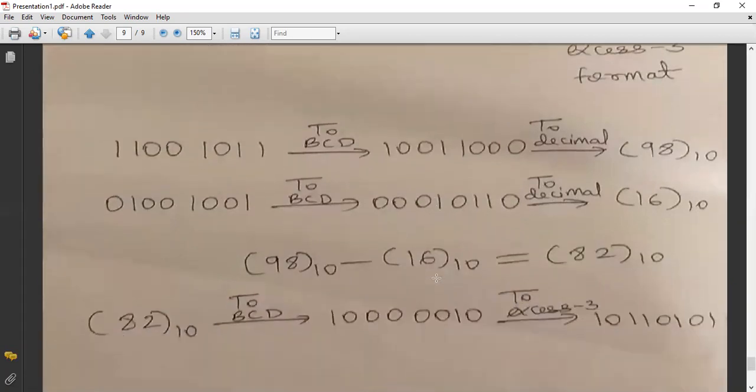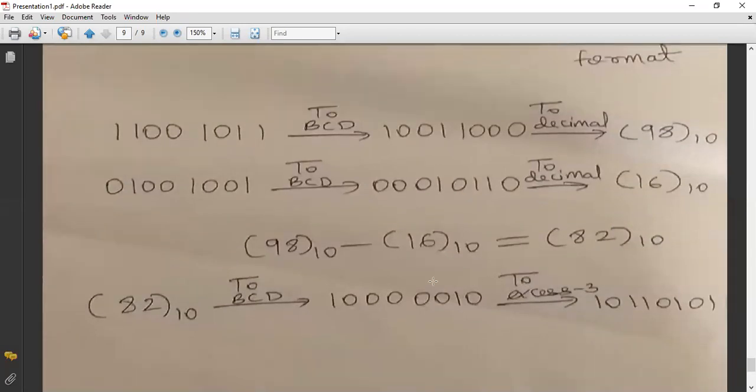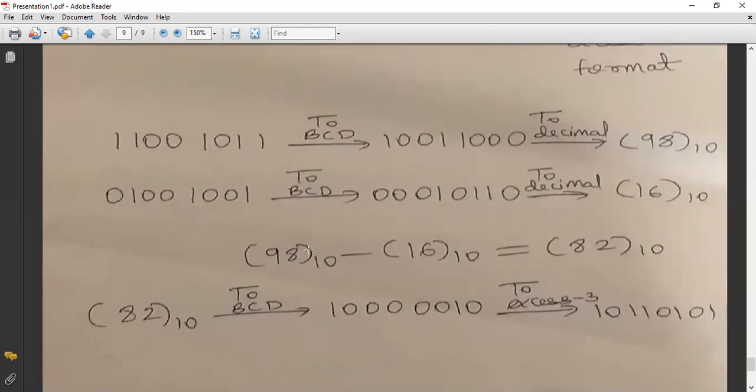So if we want, we can convert this 82 into XS3 form, and we can verify our answer. Now, how is this 82 converted into XS3 form? First, the 82 to the base 10, that is decimal number, is converted into BCD form.